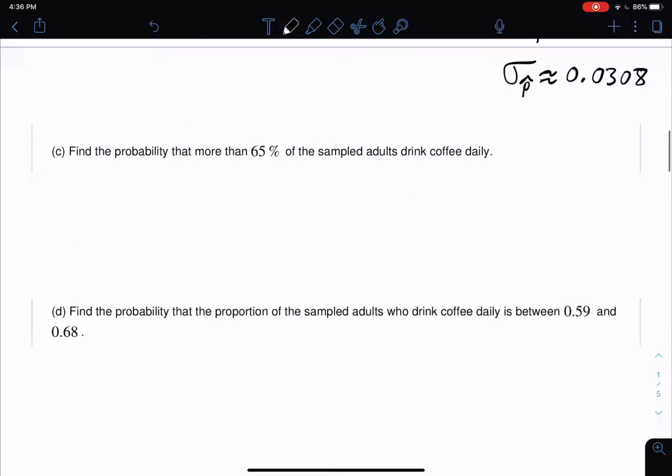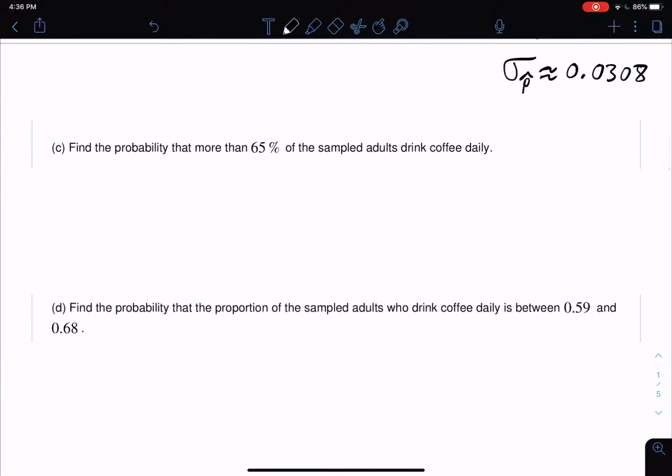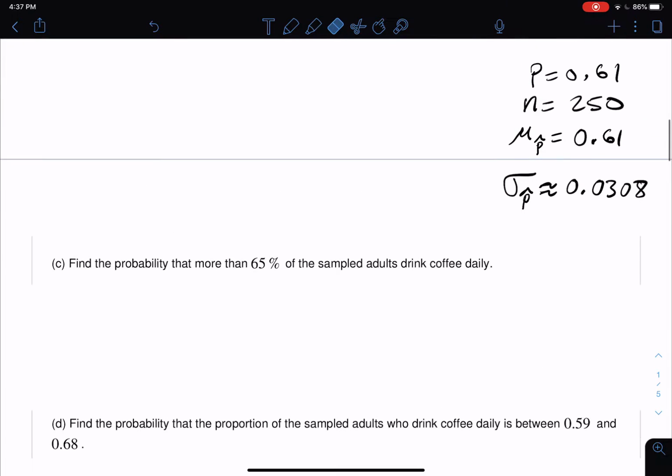Okay, here's really, I think, the tricky part of the sample proportions. We're kind of used to seeing things like 65% as being the proportion under the curve or the percent under the curve. Now here's where it does get a little bit confusing because that's not what we're talking about here.